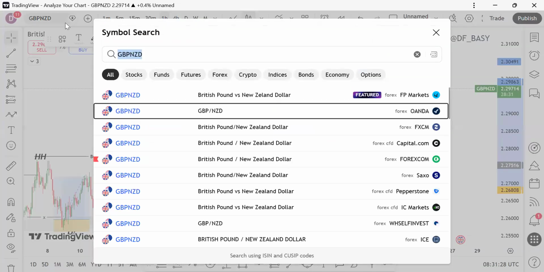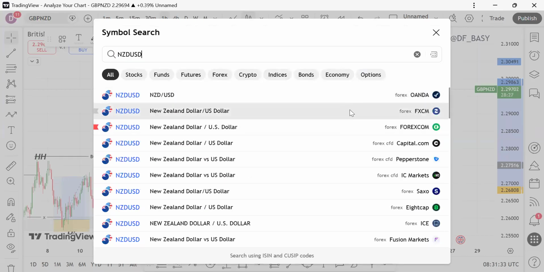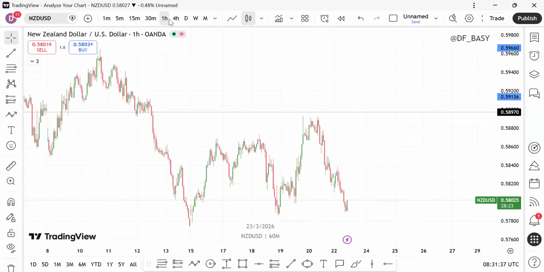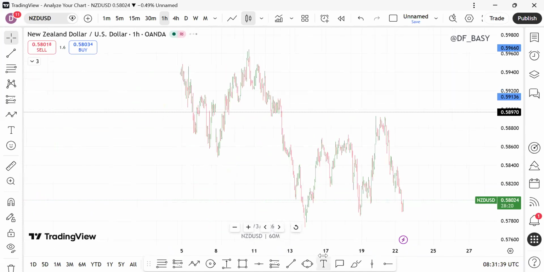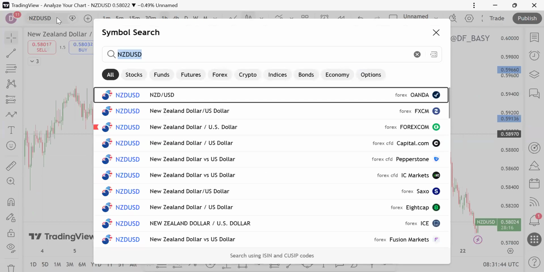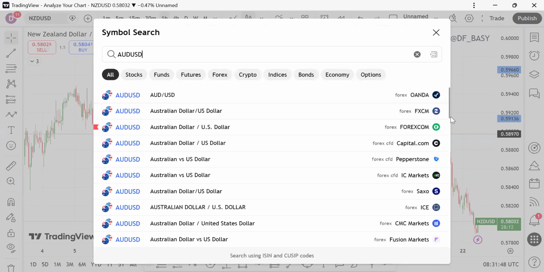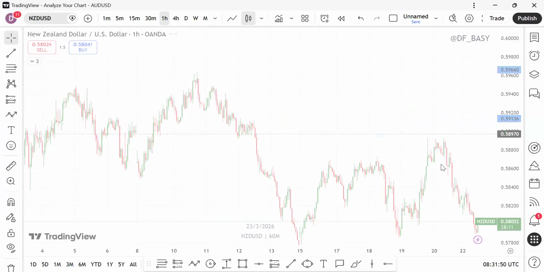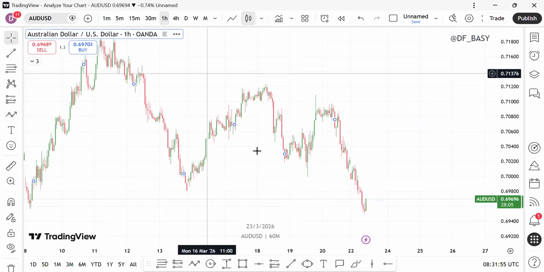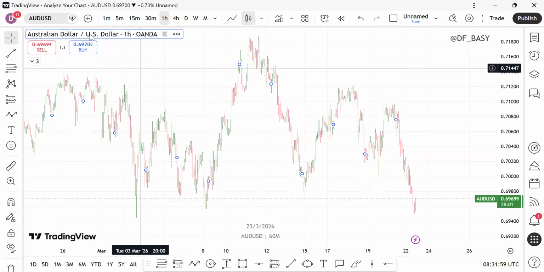So now let me go to another chart, a bearish chart. Let me go to NZD USD. Is it NZD USD? I don't think it's NZD USD. Let me check. I'm looking for a very clean bearish structure. Structure is not clean.